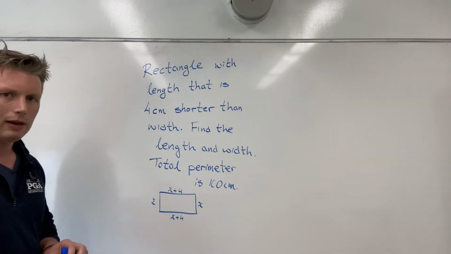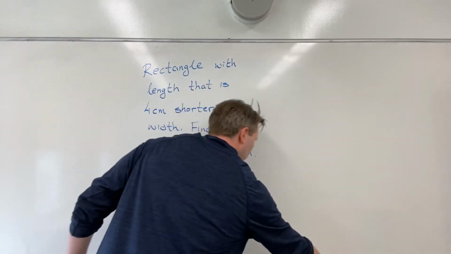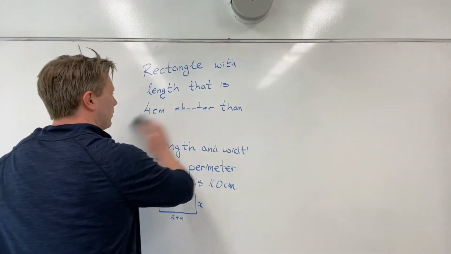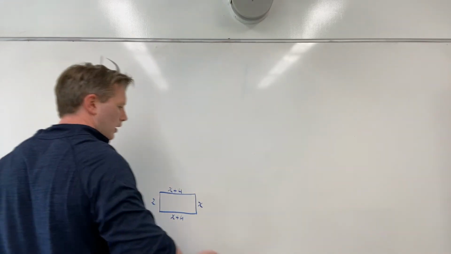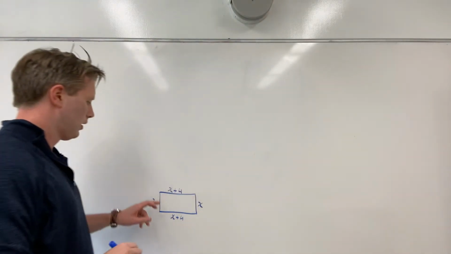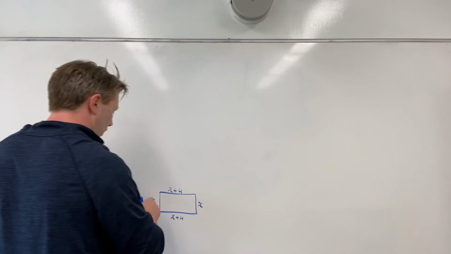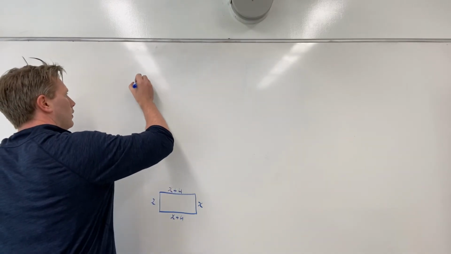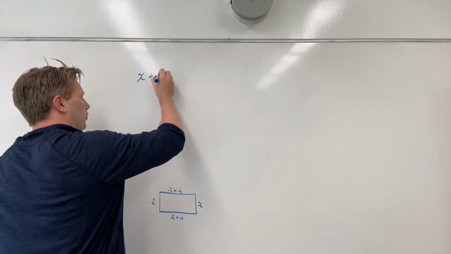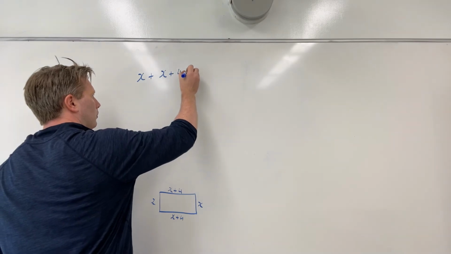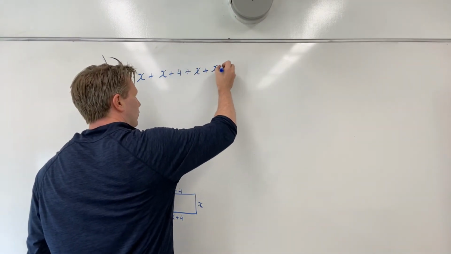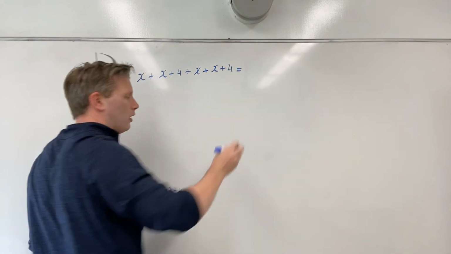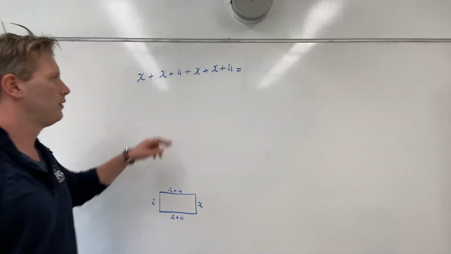I'm going to erase some of this board so I have the space. What it means is that my perimeter is x plus x plus 4 plus x plus x plus 4, and we know that perimeter is equal to 100.